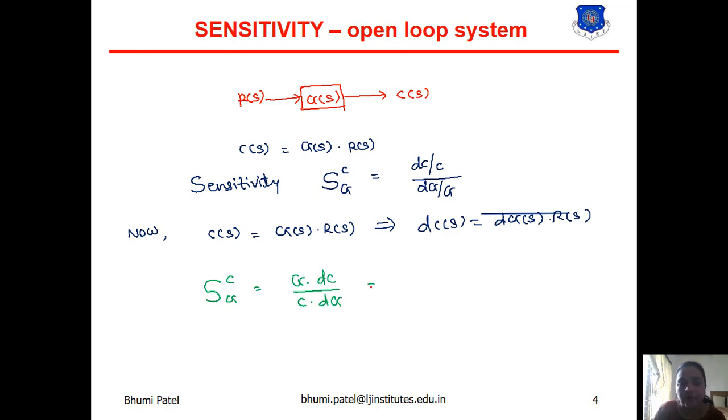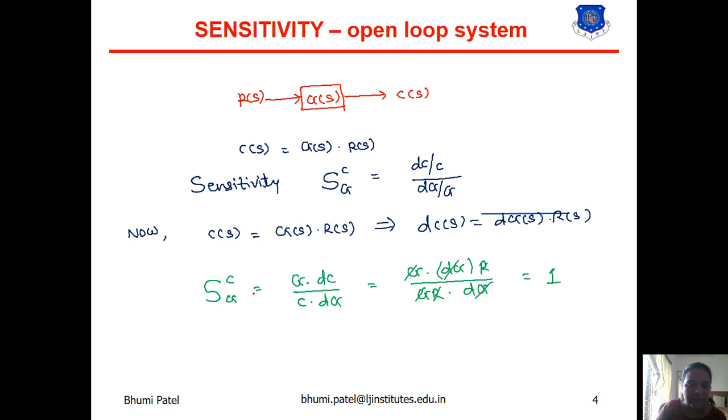Now put the value of dC, so we get G into dG into R upon GR, since C is equal to GR, into dG. Now G cancels, R cancels, and dG, the derivative of G, also cancels. So we get 1.